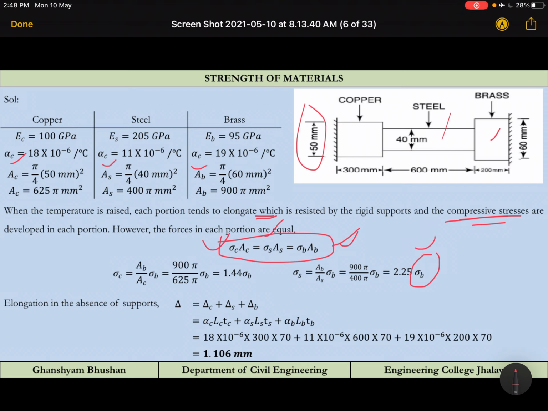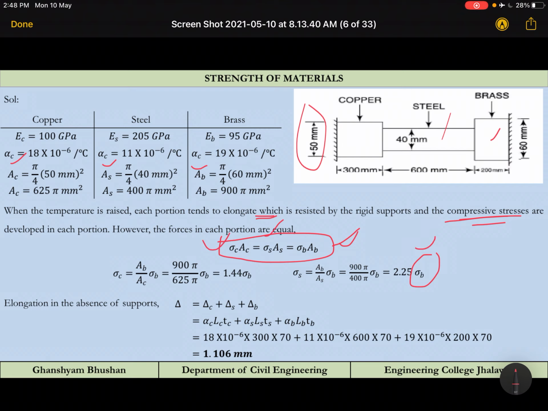Now let us check what the deformation is. If one of the supports is not there, the body is free to expand. So it will expand by this amount, alpha L T, for all the three materials. After putting all the values, we are getting 1.106.